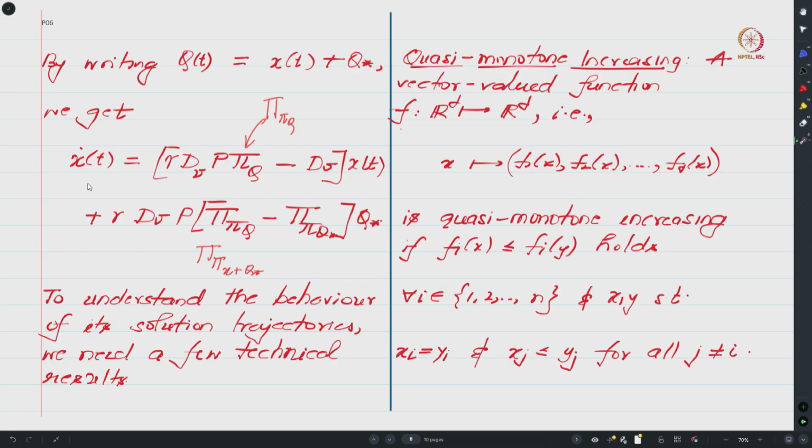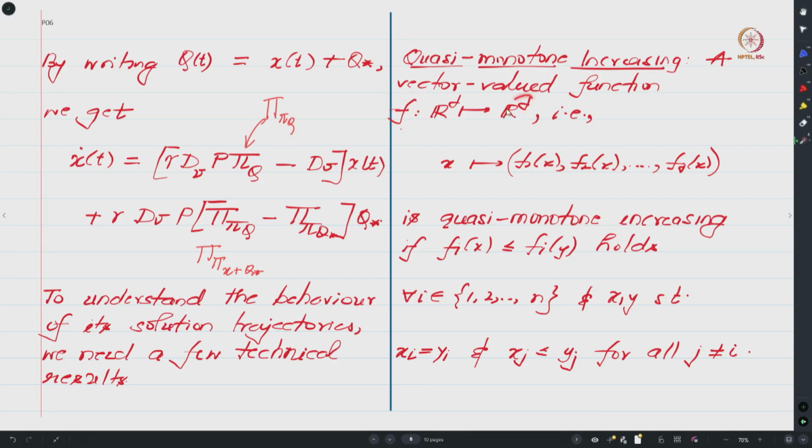So towards that, what we will do is we will make use of some technical result, and for that we need to first define something called a quasi monotone increasing function. Let me explain what that is. A vector valued function f takes as input some element in Rd and spits out an element in Rd.